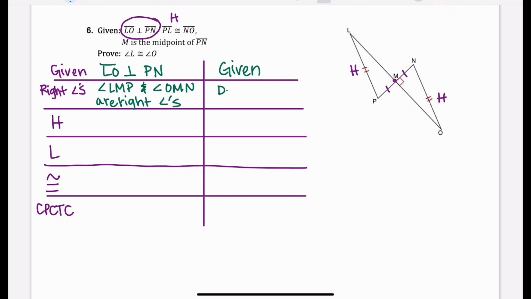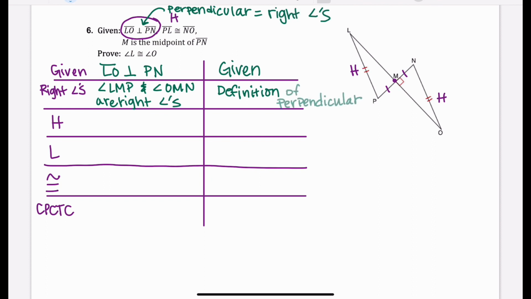That would be the definition of this symbol right here. That means perpendicular. These two lines are perpendicular, and perpendicular means that they make right angles. So we've shown that these two are right angles.